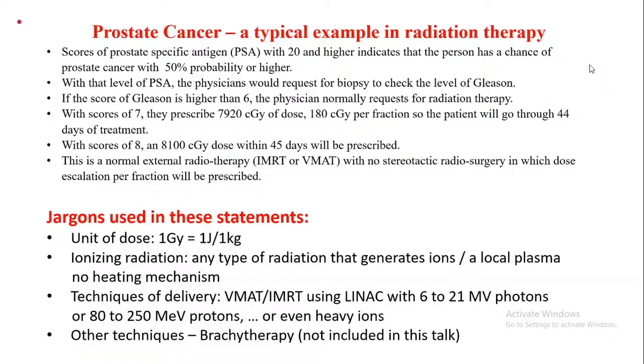Examples of sources of this ionizing radiation are 6 to 21 megavolt photons or 80 to 250 mega electron volt protons.